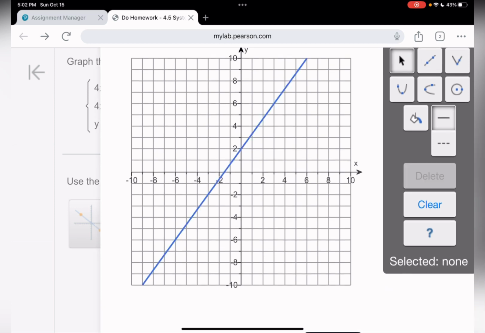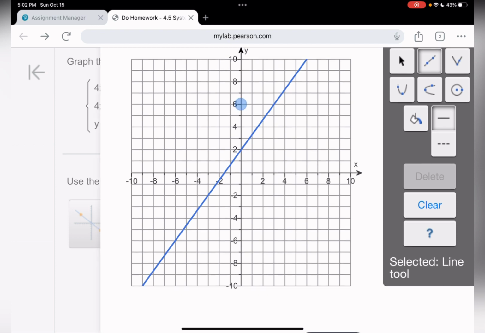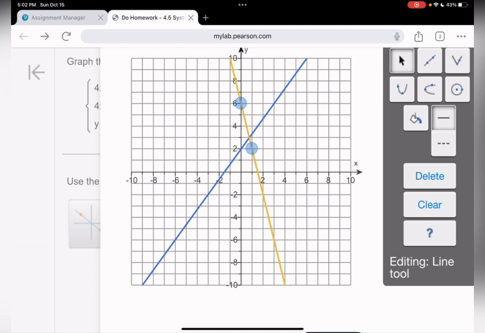There we go, that's the first one. Second one, y less or equal to -4x plus 6. Taking 6, going down by 4 will hit 2, and 1. There we go, that's the second one.